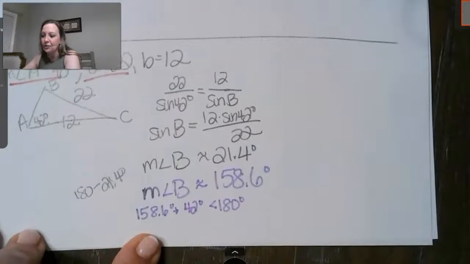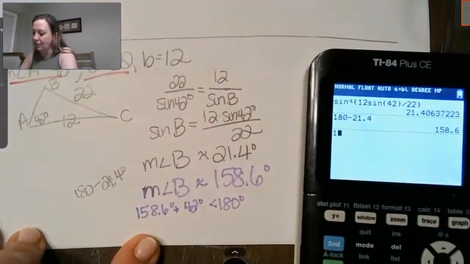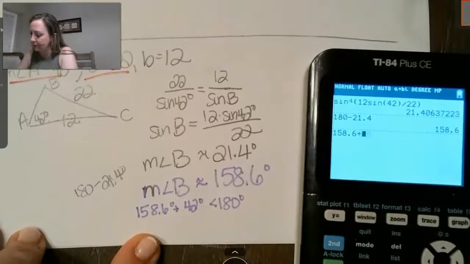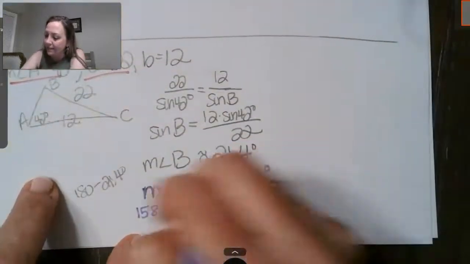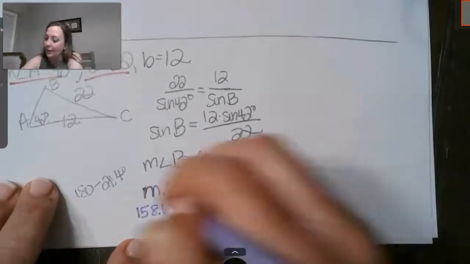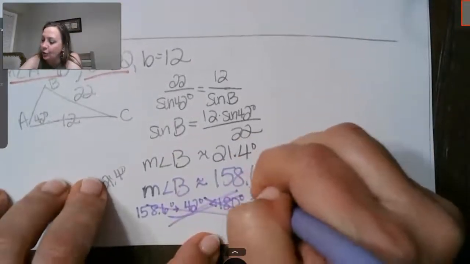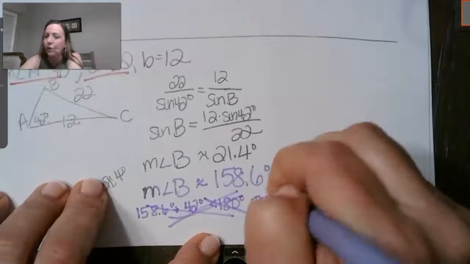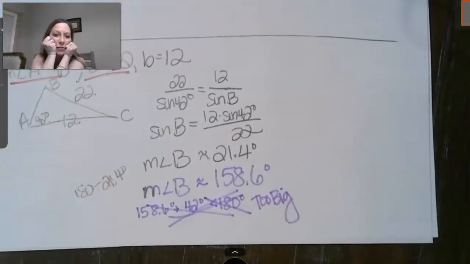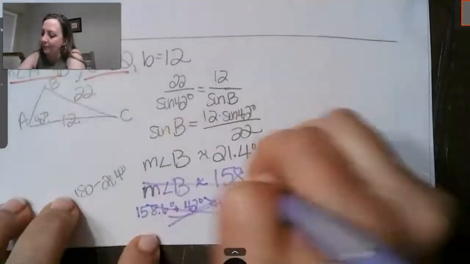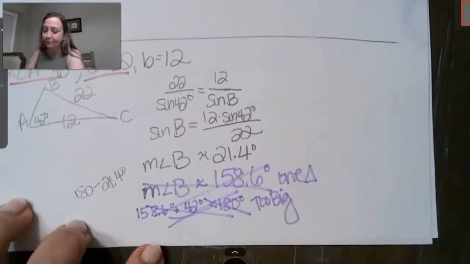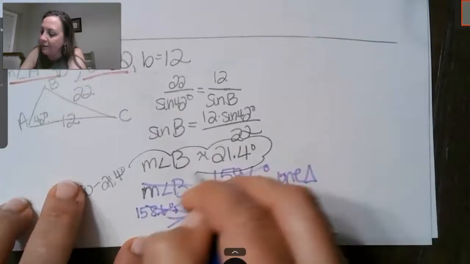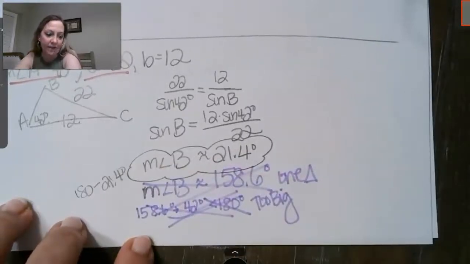I think you guys are seeing that this is going to be more than 180 degrees, isn't it? 158.6 plus 42 gives me 200.6. This is not true. So what happens is that this is too big. That obtuse angle can't fit in that triangle. And so what that means is that there's only one triangle that's possible. So there's only one measure of angle B that we can have.